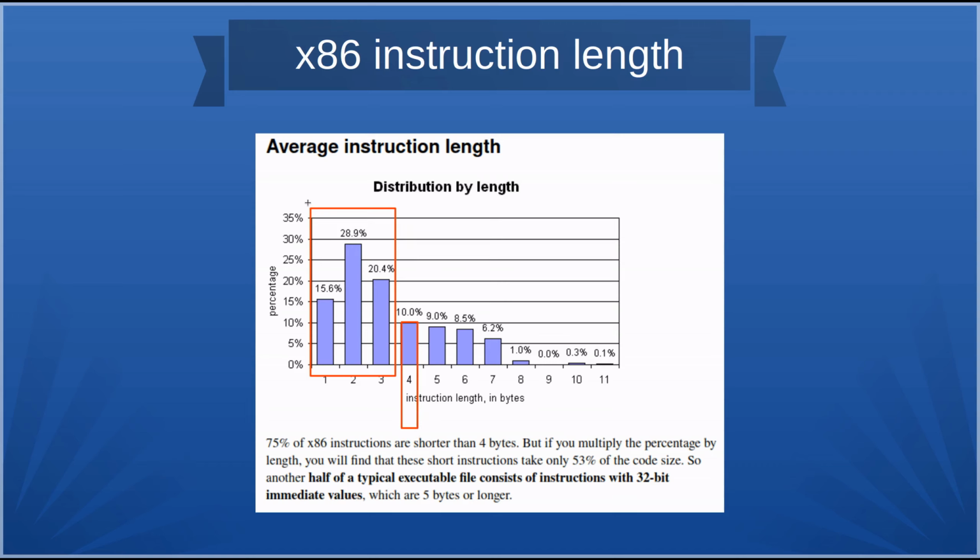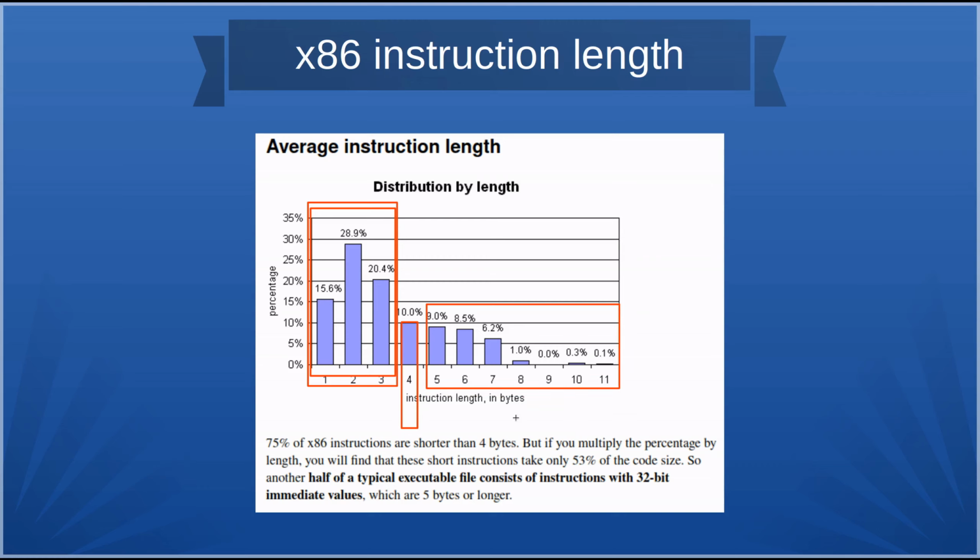And x86 has an advantage because it's using a lot of shorter instructions. So you can save some space, right? But there are also some instructions which are much longer, up to 11 bytes.